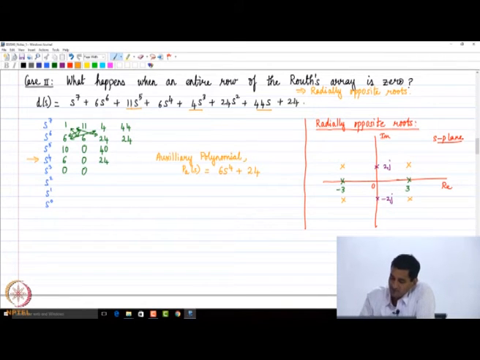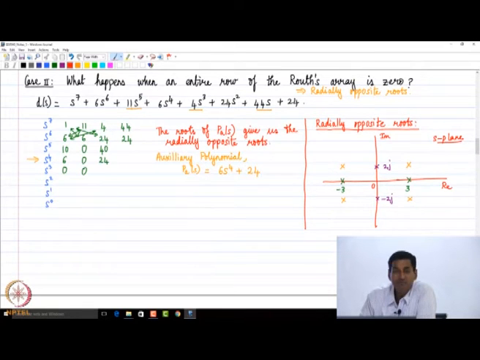Okay. And it so turns out that the roots of the auxiliary polynomial give us the radially opposite roots. Okay, so if you solve for the roots of the auxiliary polynomial, we get the radially opposite roots.